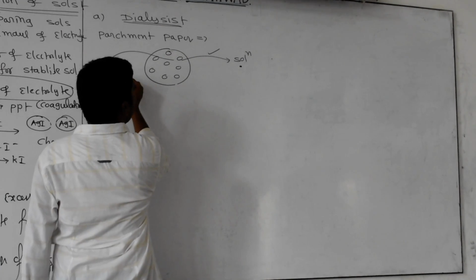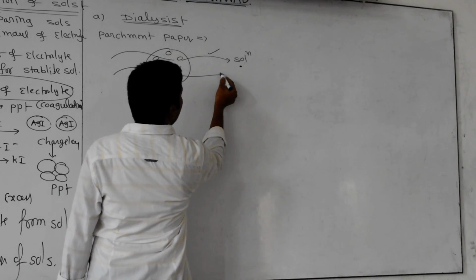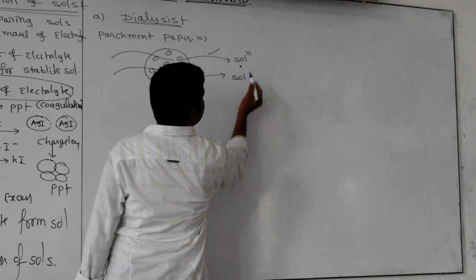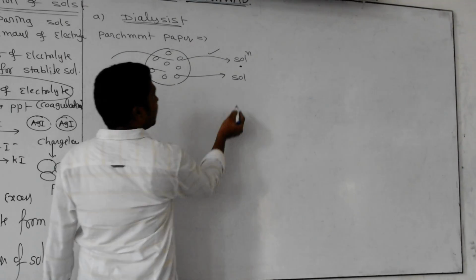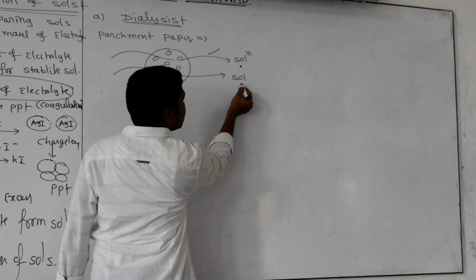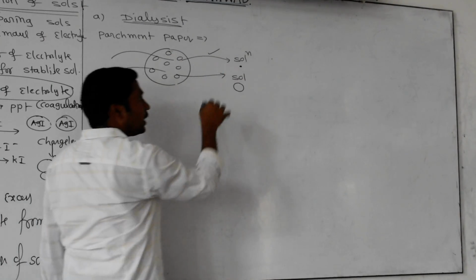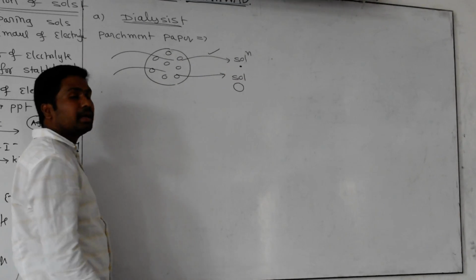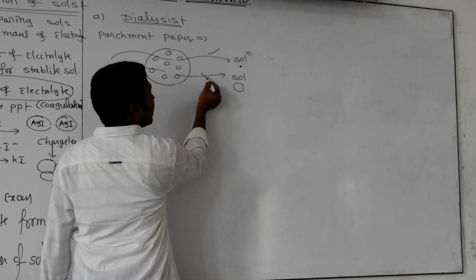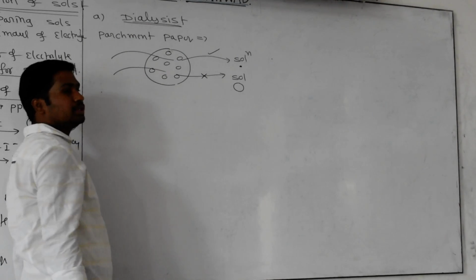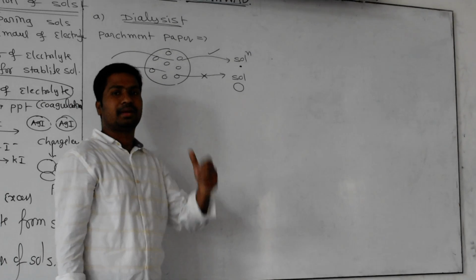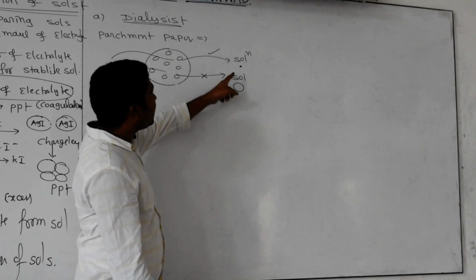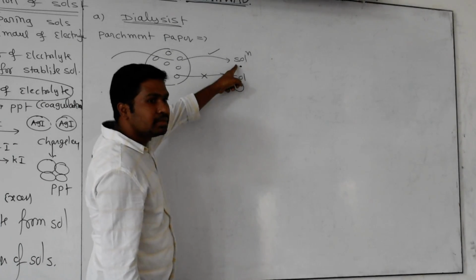Watch. Through this, I am sending which one? Sol particles I am sending. Is it passing? No. Why? Compared with this hole size, the sol particle size, so the colloidal particle size, will be bigger. That's why the colloidal particle will not pass through the parchment paper. Are we catching that point? Generally you know a solution is what?